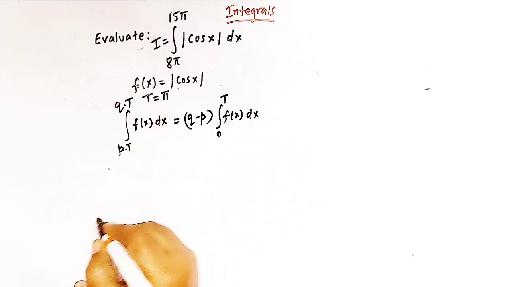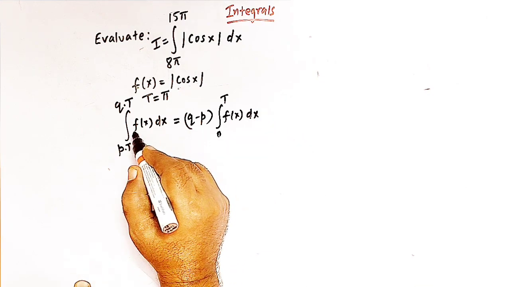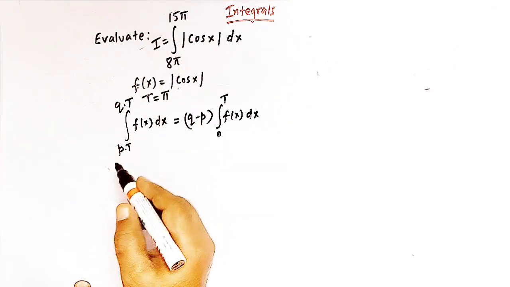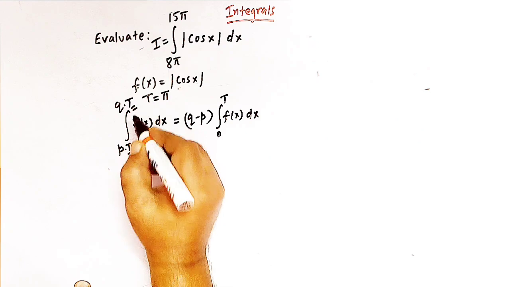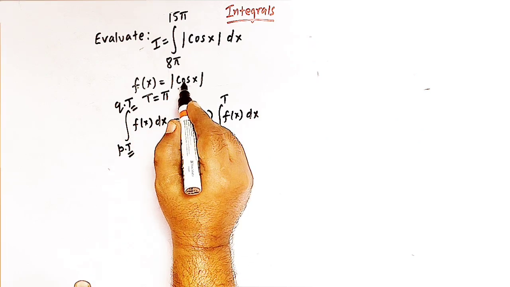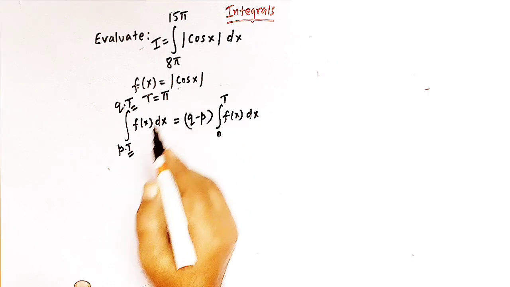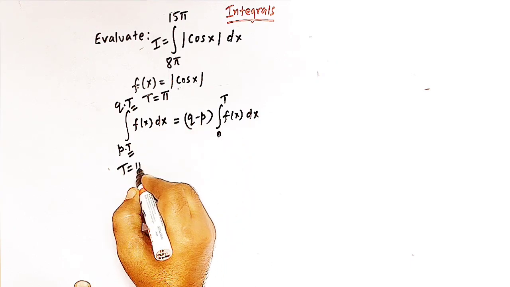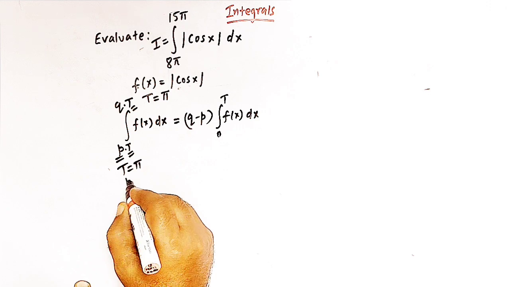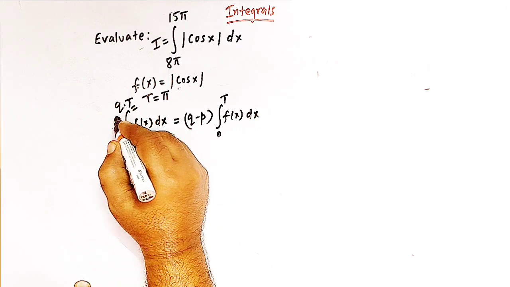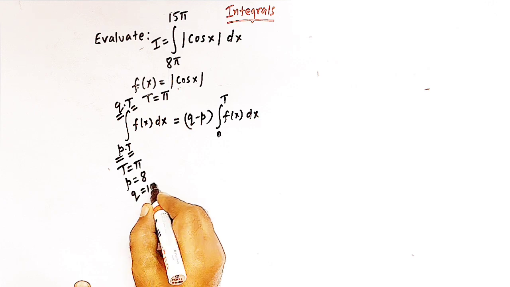So now if we compare this integral with this one, we can see that t is the period of this function f of x, that is mod of cos x, right? So the value of t is pi, the value of p is 8, and the value of q is 15.